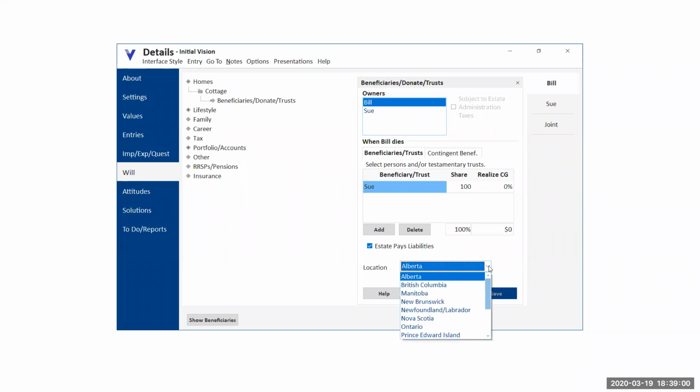So what I'm going to do is I'm just going to change the location to BC. And what that means is that the cottage, the estate administration taxes that will be calculated on it are based on BC estate administration taxes, and then everything else for Bill is based on Alberta.